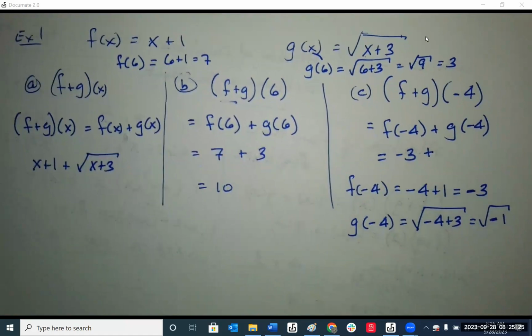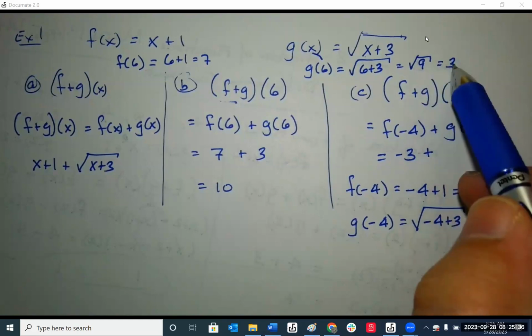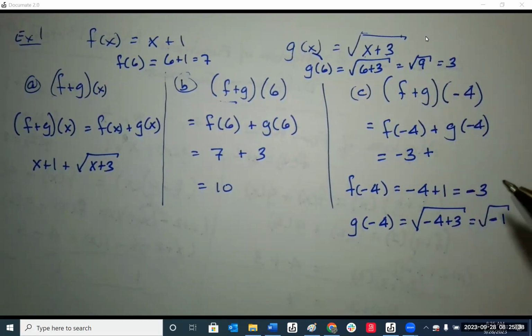What's the square root of -1? Well, because remember, square root of 9 is 3 because 3 times 3 equals 9. What times what gives you a negative number? Nothing. -1 times -1 is +1.